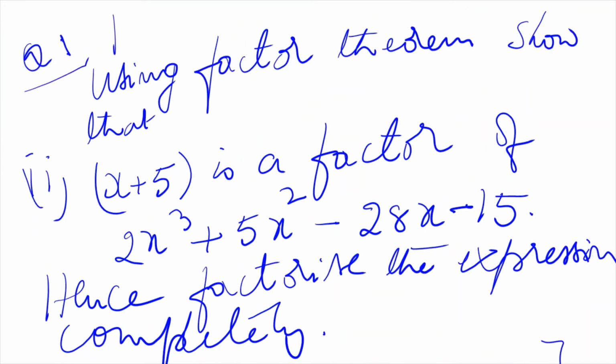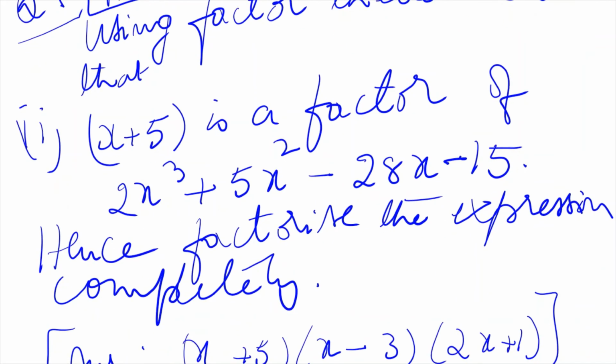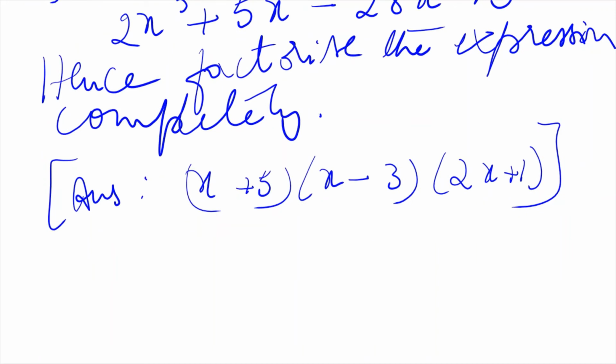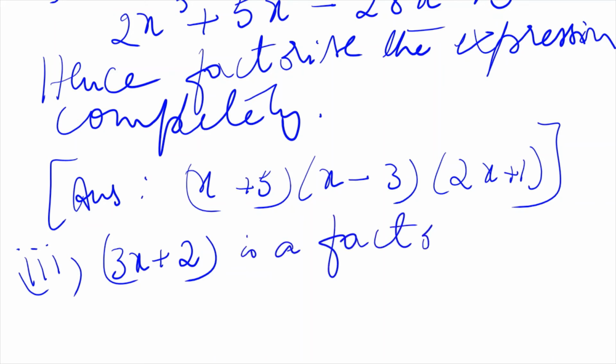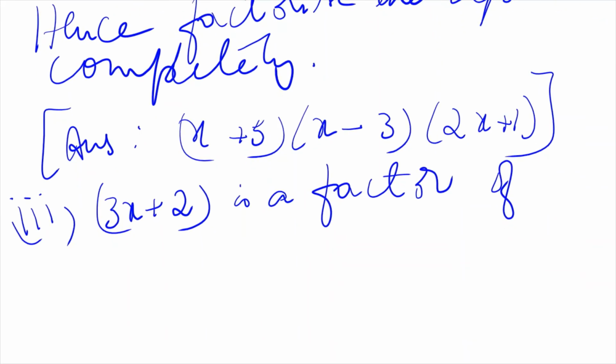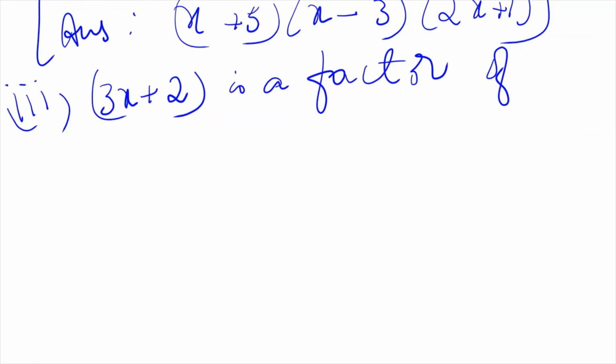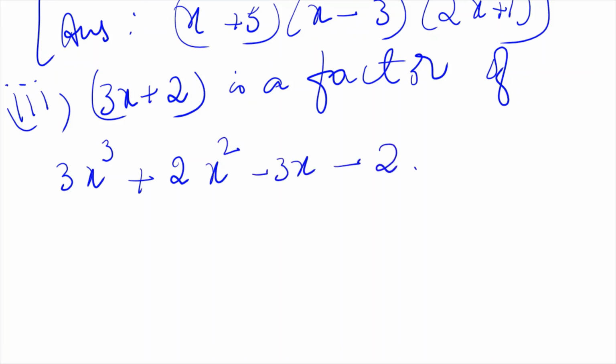Okay, now 3x plus 2 is a factor of 3x cube plus 2x square minus 3x minus 2.